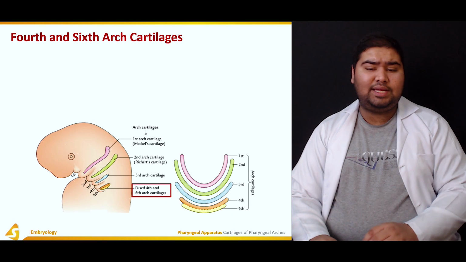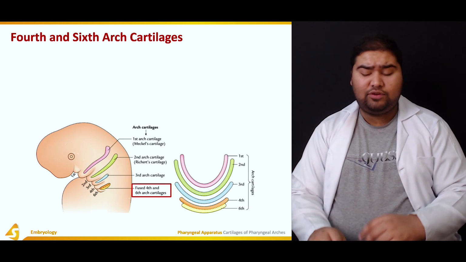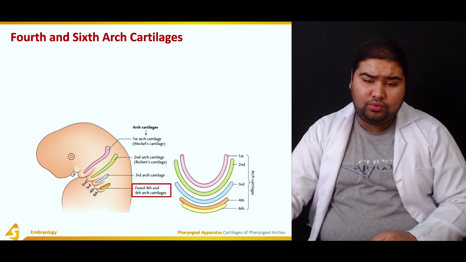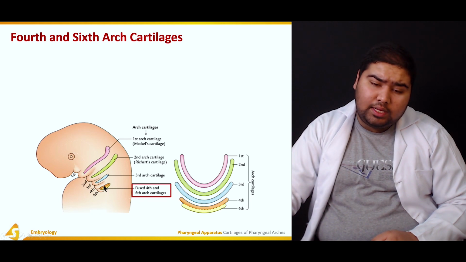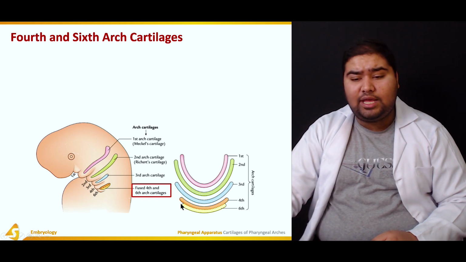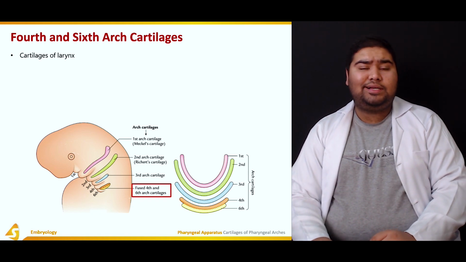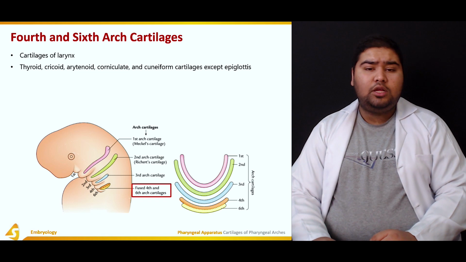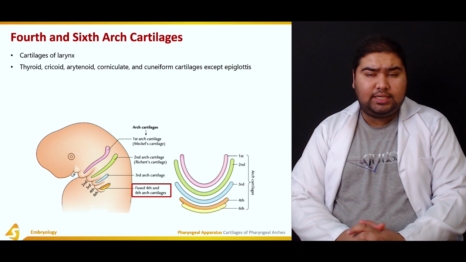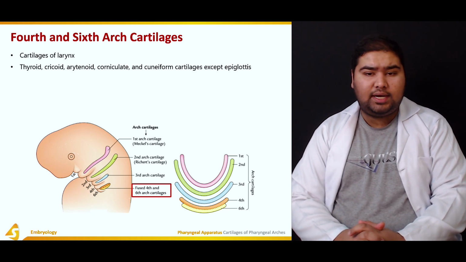Now the fourth and sixth arch cartilages are actually fused together with each other, as shown in the figure with an orange and a yellow color here. So these are the cartilages of the larynx. These include the thyroid cartilage, the cricoid cartilage, the arytenoid cartilage, the corniculate cartilage, and the cuneiform cartilage.